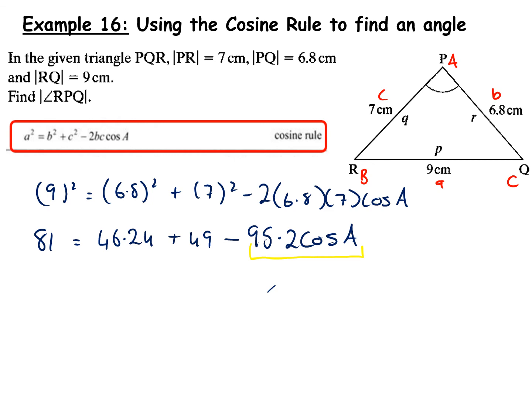So let's bring some numbers across the equal. We're going to do 81, subtract the 46.24 and subtract the 49, and we're left with minus 95.2 cos of A, I'm just bringing it that side, is equal to minus 14.24.